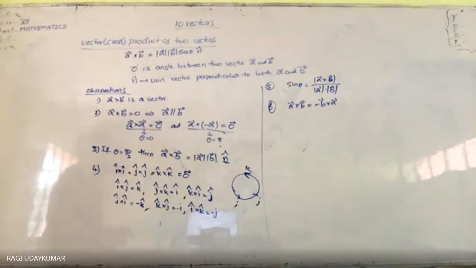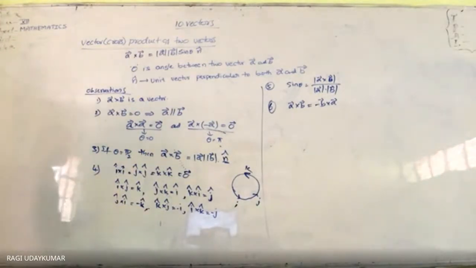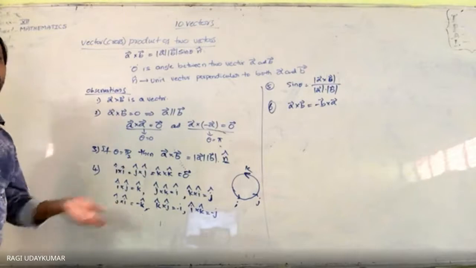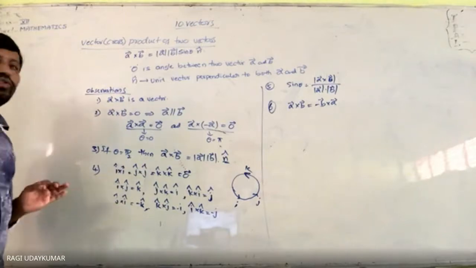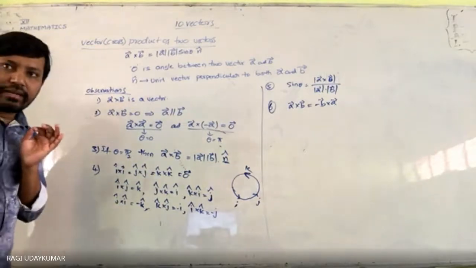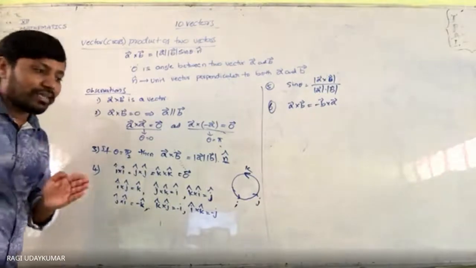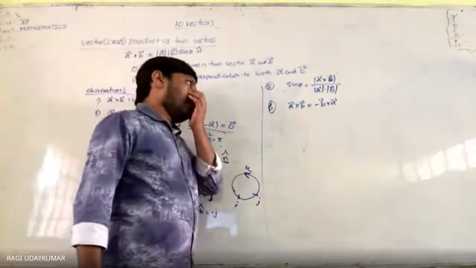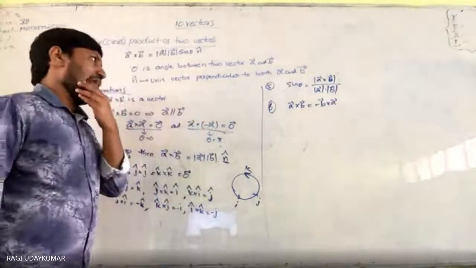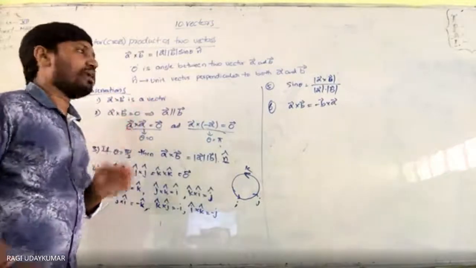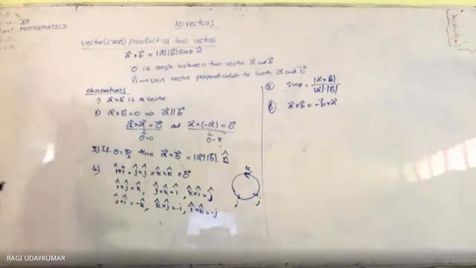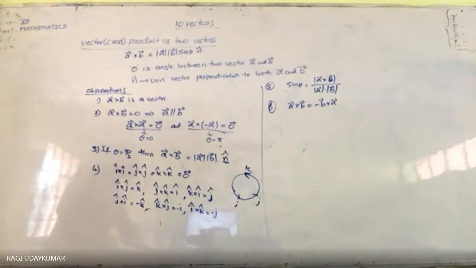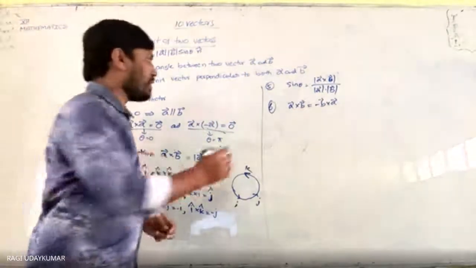And whenever you are taking it into consideration, you are going to get minus. And the next thing: the cross product will not satisfy the commutative property, but it will satisfy the distributive property.